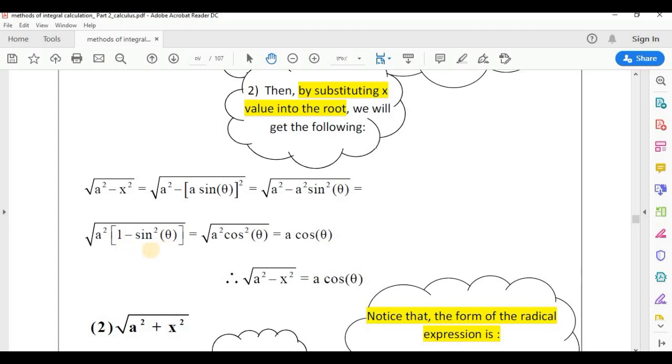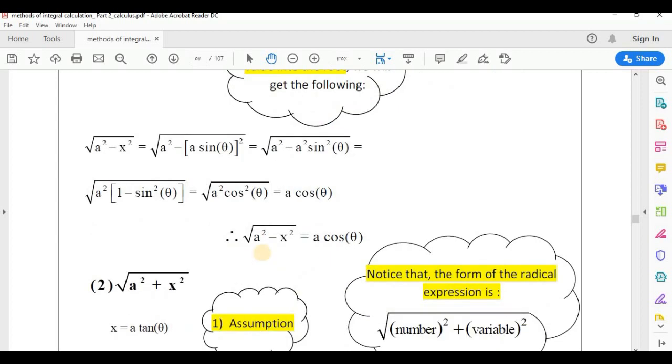As we know from our previous lecture, this value will become cosine square theta, because cosine square plus sine square equals 1. So this value will be equal to cosine square. After the simplification, the result of this radical expression will be a multiply cosine theta. So under root a square minus x square equals a cosine theta.